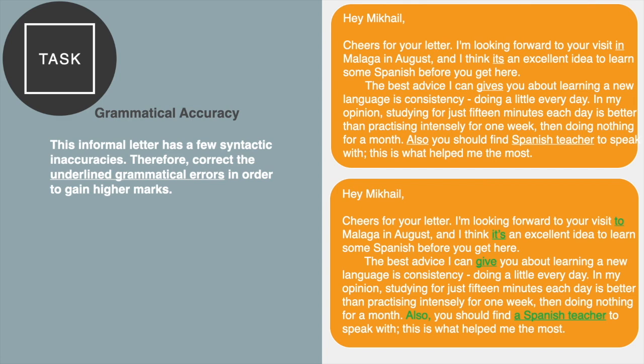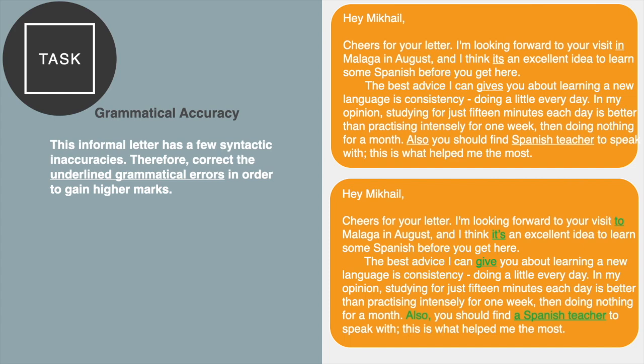Now this is a contraction of it is. Therefore, you need an apostrophe. Can. Now, after can or any modal verb, always use an infinitive without the s. Also. Now, also is an introductory phrase. Therefore, it needs a comma after it.